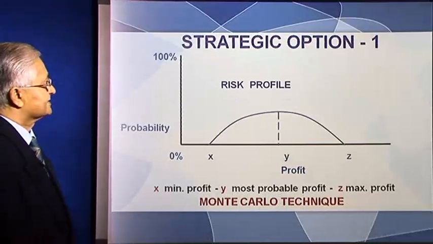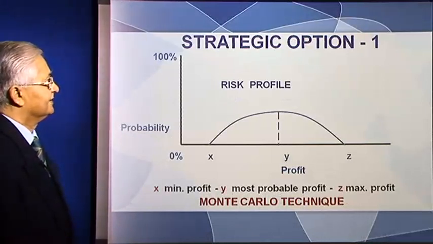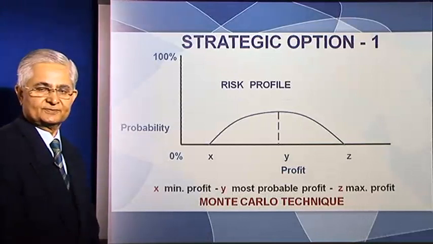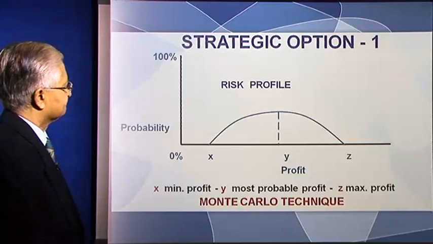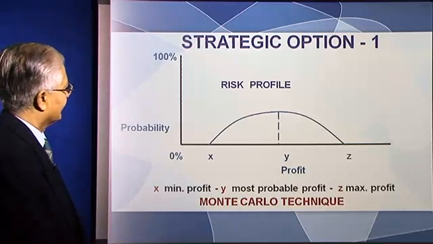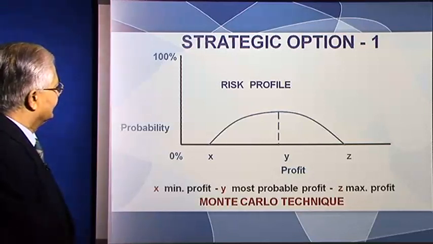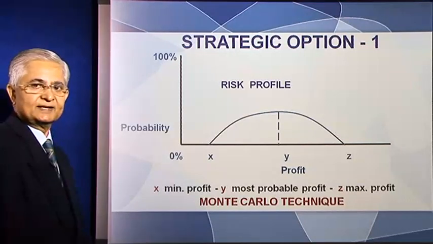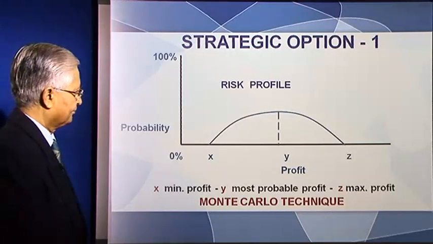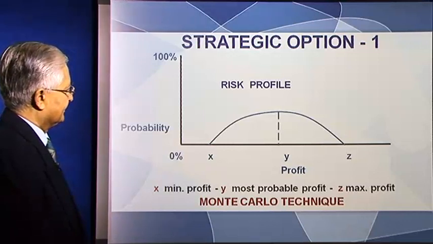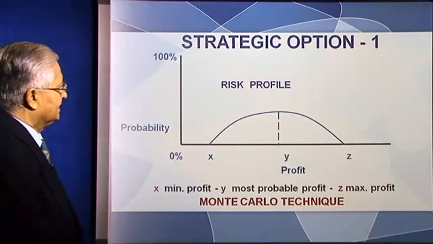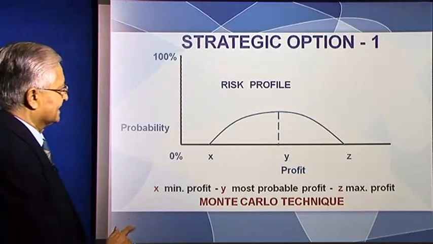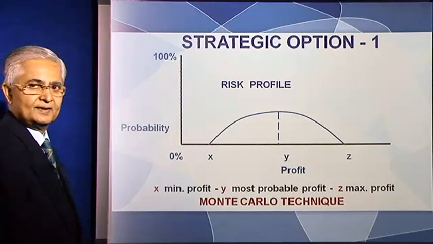Now, here's the risk profile for the first strategic option. Okay. On the x-axis you have the profit, the y-axis you have the probability of that particular profit happening. The profit, as you can see, varies between x and z. Okay.